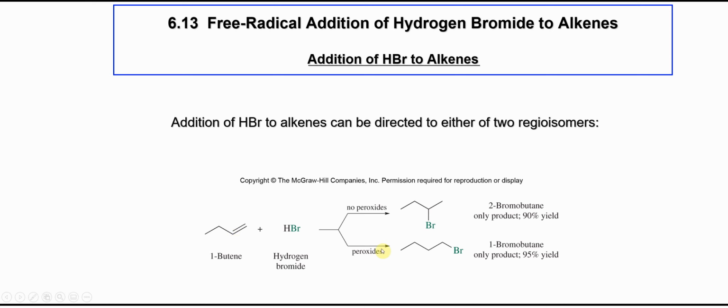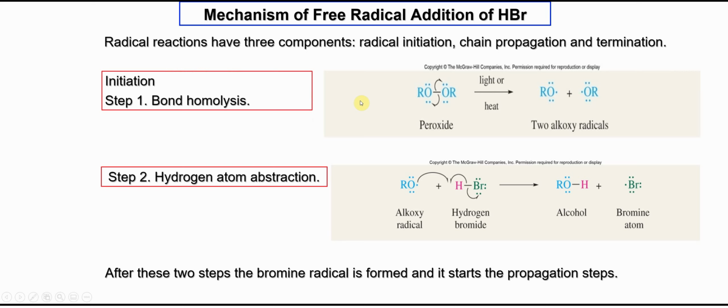If you are going to add peroxide, you are going to produce an anti-Markovnikov's product, meaning this Br adds to the carbon with more hydrogens. So this is another reaction of addition of hydrogen halides to your alkene. Hydrohalogenation can produce 2 types of products. One is Markovnikov's product. Another one is called anti-Markovnikov's product. So these 2 reactions we need everybody to pay attention to.